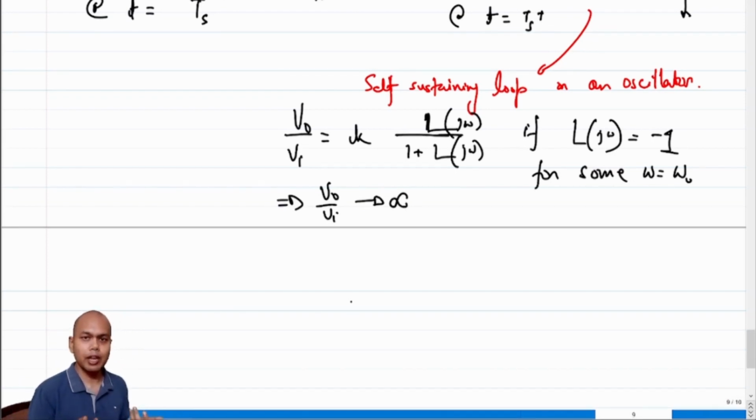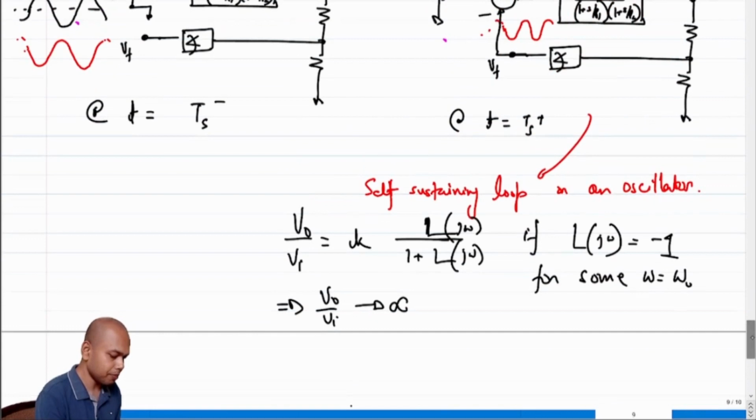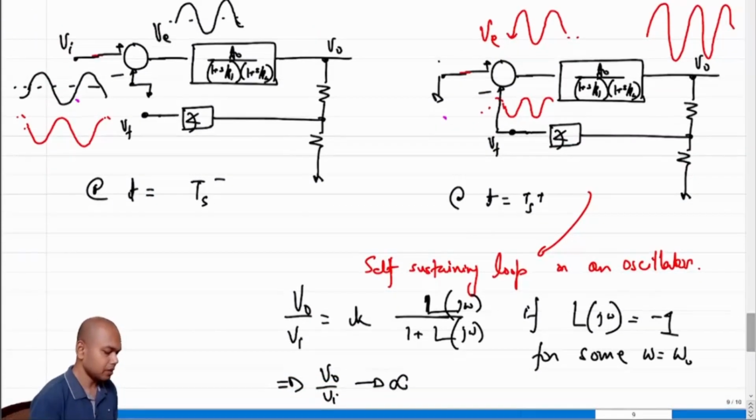And infinite loop gain means what? Infinite loop gain means you don't need any finite input to get an output. The moment you turn on the system, the output will be self-sustaining, right? And I just gave you an example of what might happen, right?